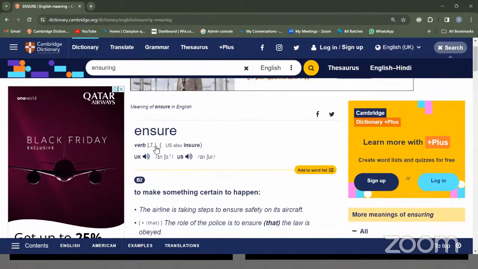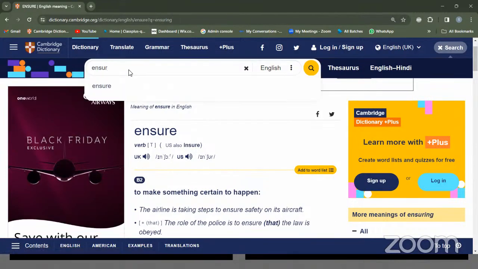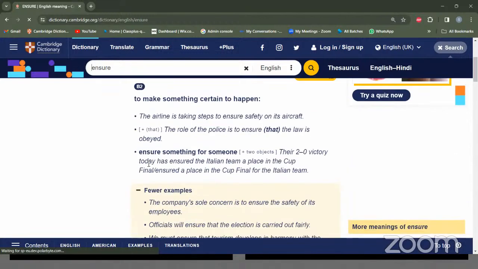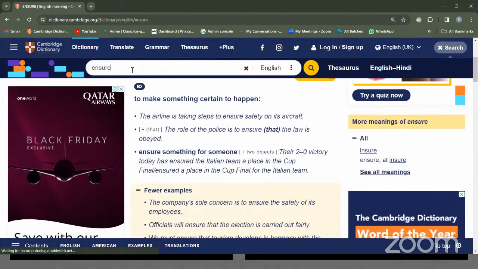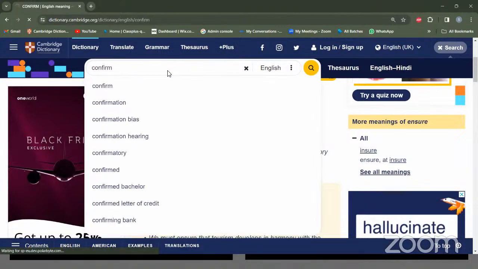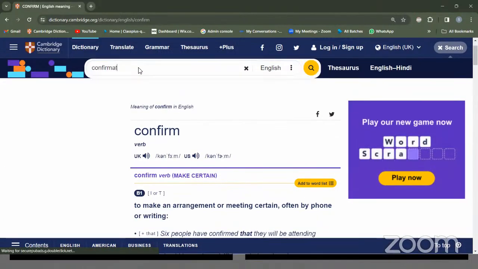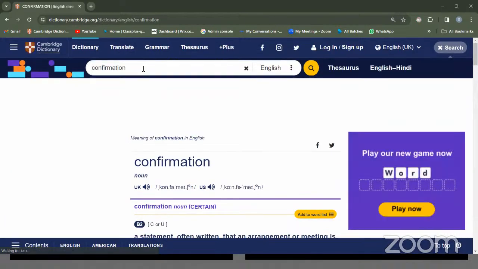Ensure is B2 vocabulary. Confirm is B1. Confirmation is B2.